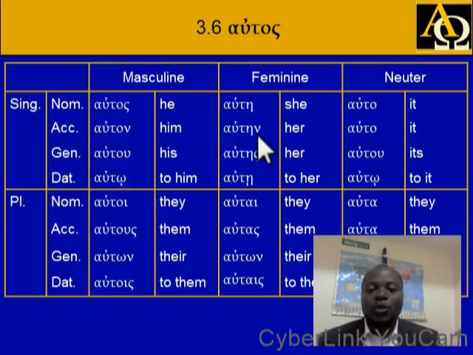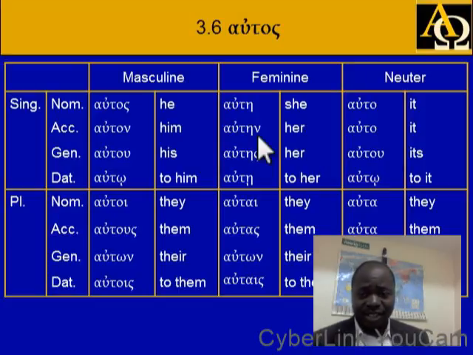Then we have autos. Autos is the he, she, it. We also get it from the verb, he, she, it. But we also have it in the rest of the cases. Of course, you'll never see it in the nominative because it usually comes from the verb.